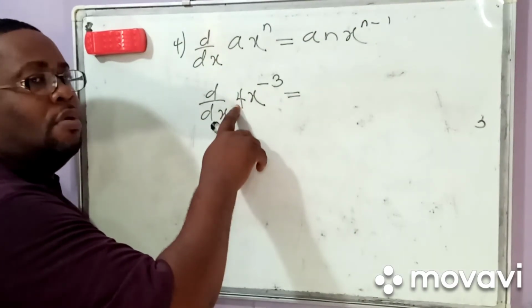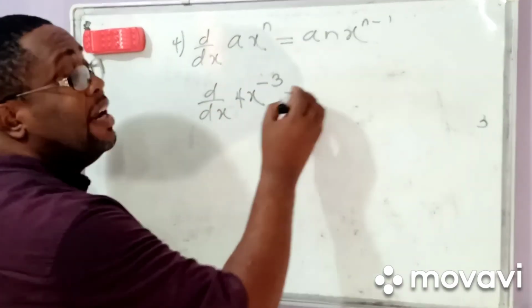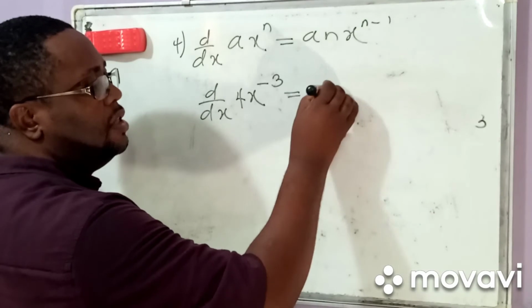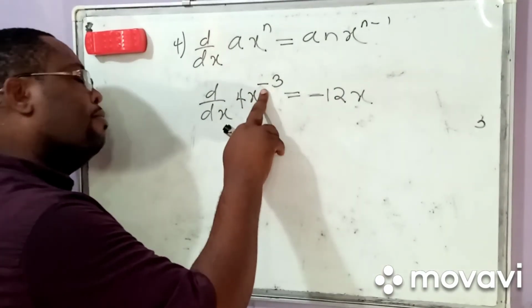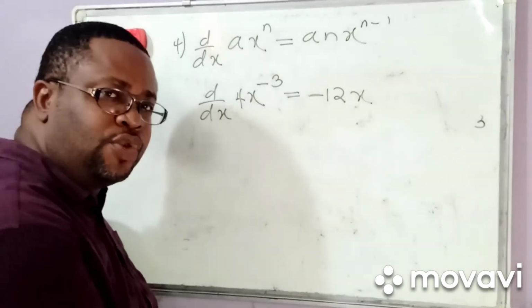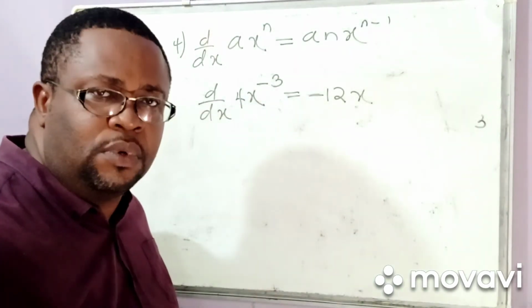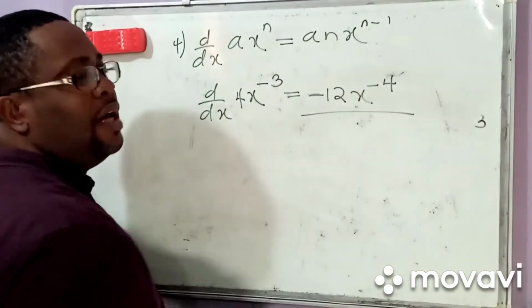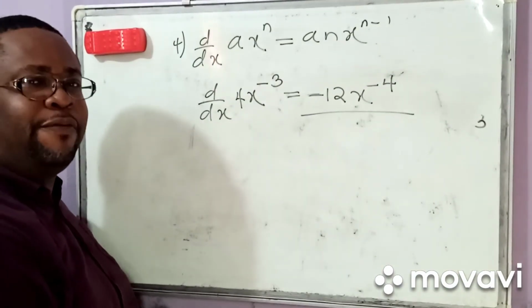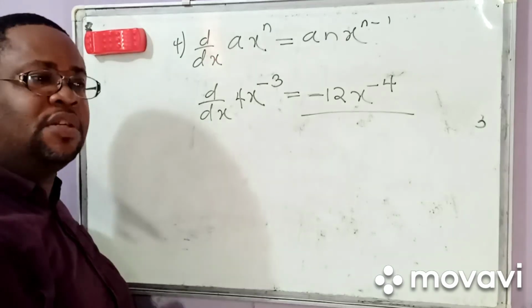Minus 3 times 4 will simply give me minus 12, and then I have my x, and then minus 3 minus 1 is minus 4. And that's the answer. My first class on differentiation.